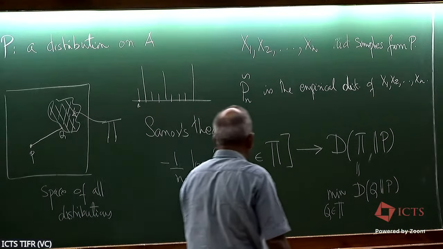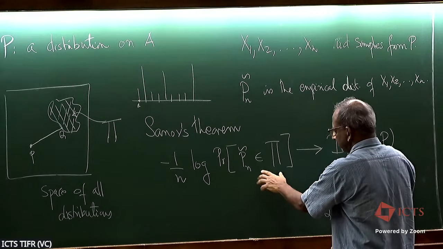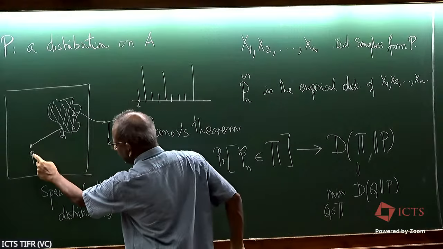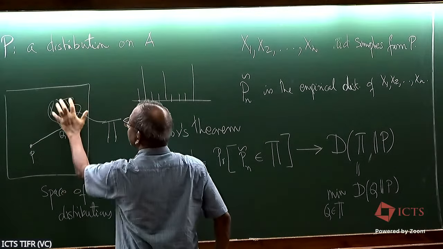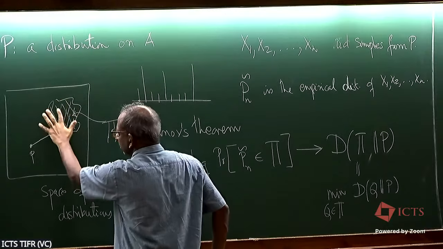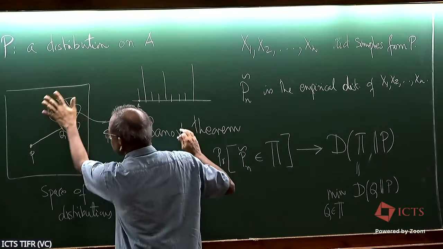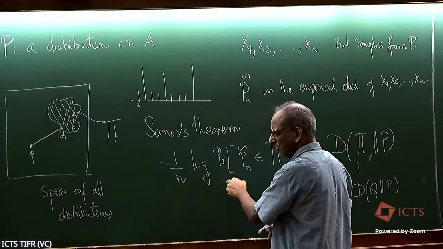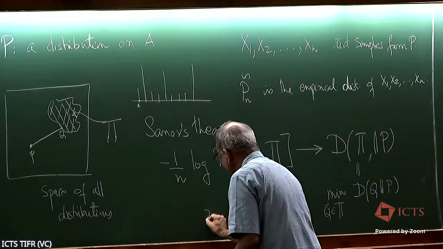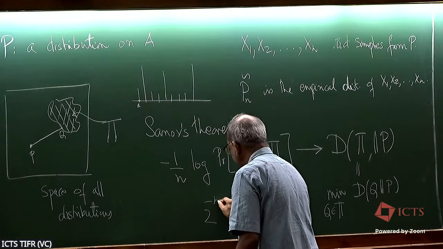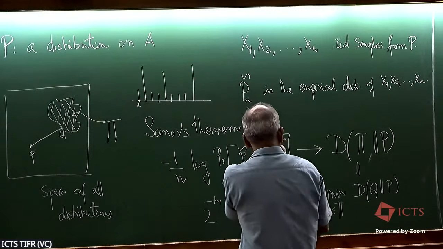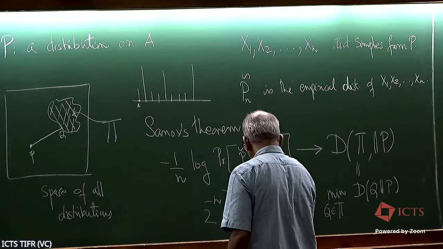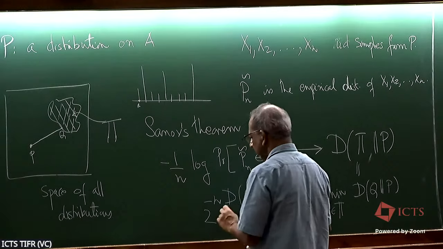And then the probability that samples drawn from P will look like they came from some distribution here will go, yeah, so this is a weird way of writing. You should probably read this as 2 to the power minus n times the divergence.